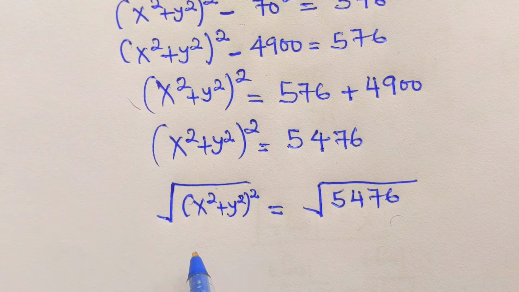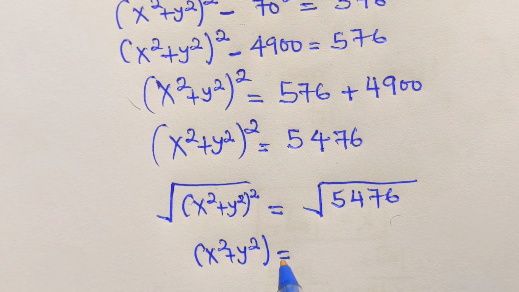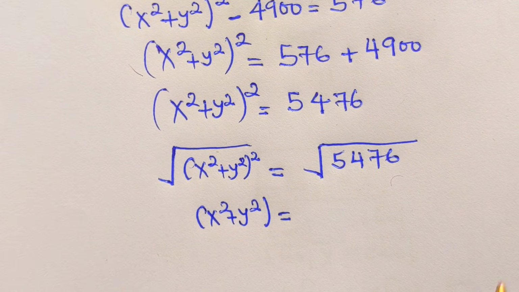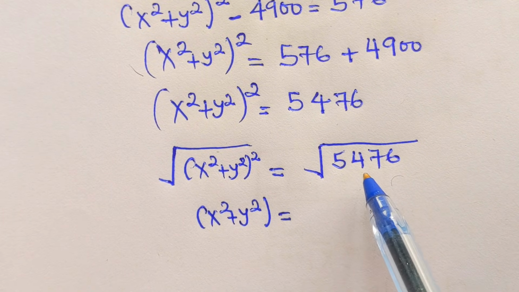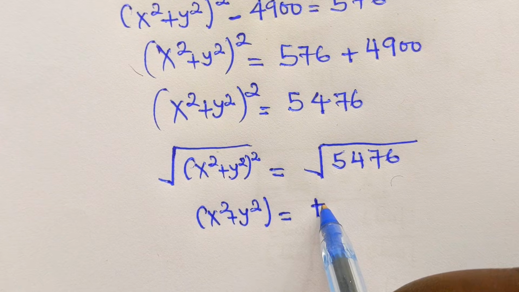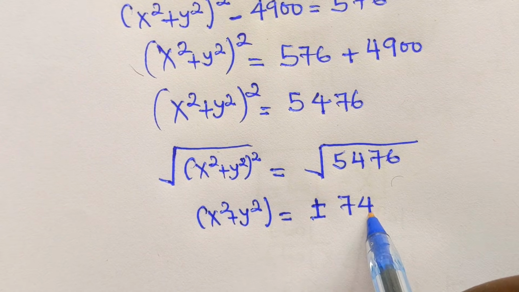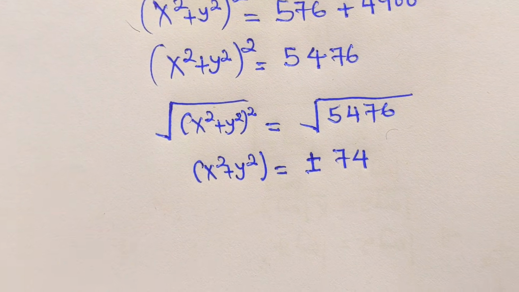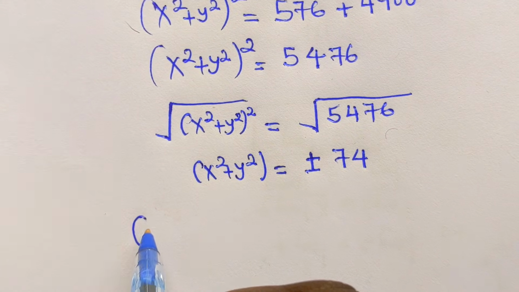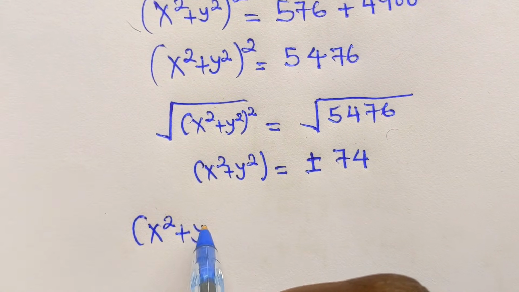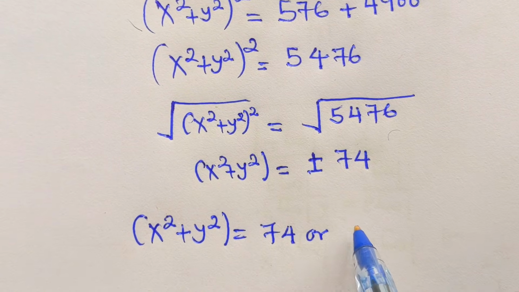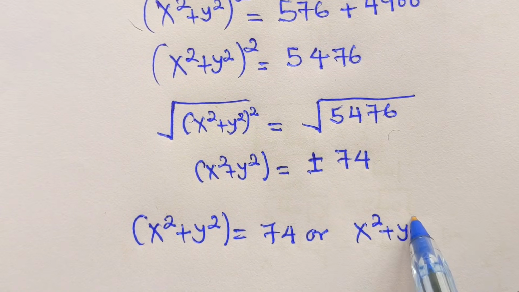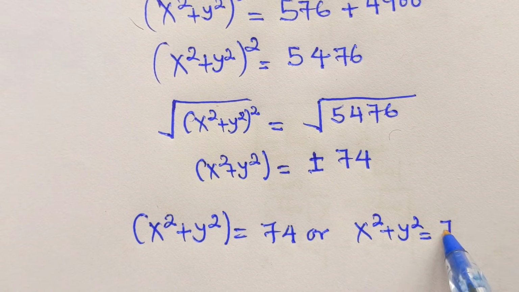At this stage we remain with only x squared plus y squared, which equals the square root of 5,476, which is positive or negative 74. Then x squared plus y squared equals 74, or x squared plus y squared equals negative 74.